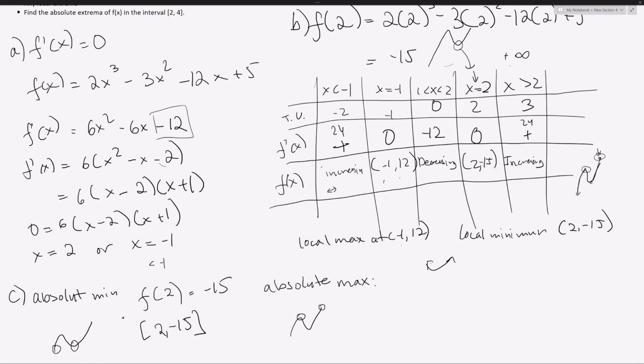But if we look at our interval, the maximum value you could go to is when x equals 4. So let's see what f at 4 equals. Well, f at 4 is actually 437, which as we know is much bigger than the point over here. That would mean that our absolute max is actually at 4, 37.